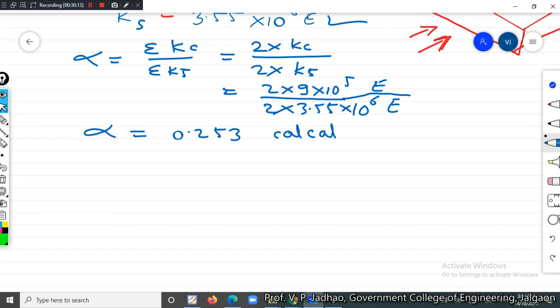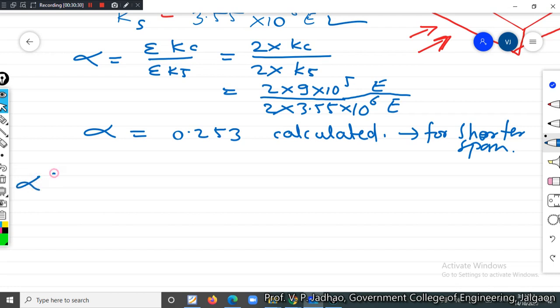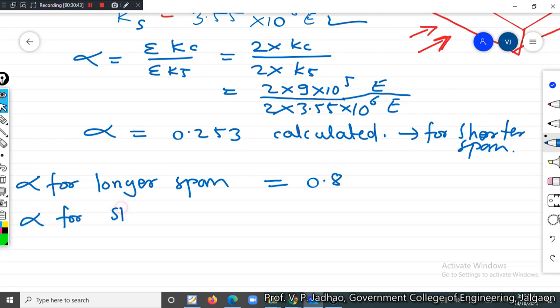This is the calculated value of alpha for the shorter span. So we have calculated two values of alpha: alpha for longer span was equal to 0.8, and alpha for shorter span is equal to 0.253.